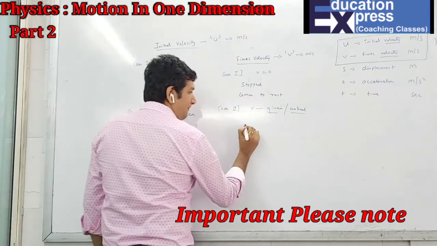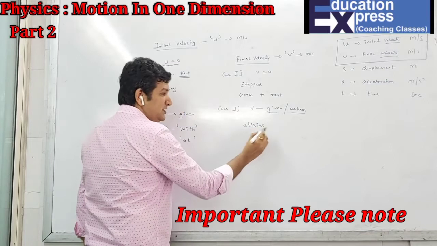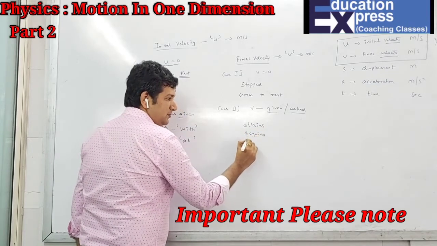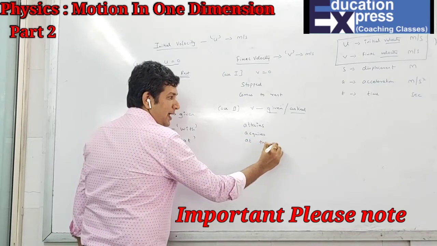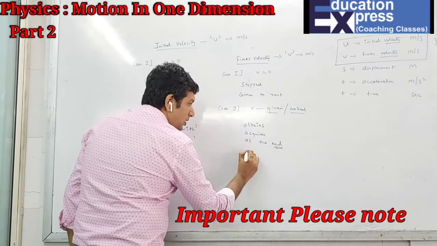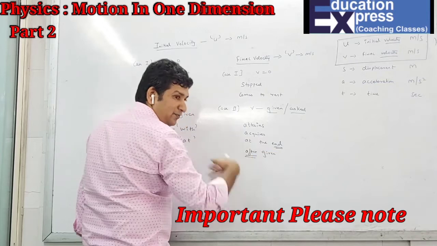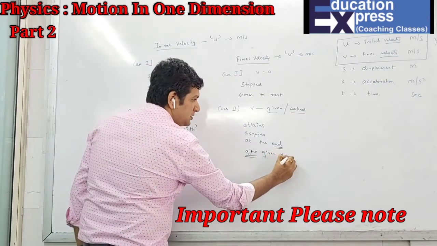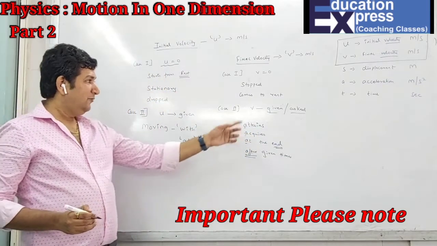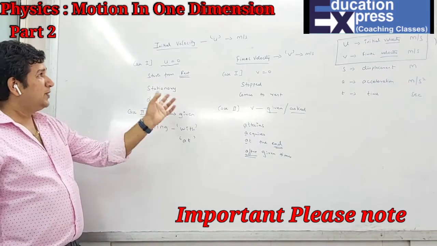The words will be: when the body attains, acquires, at the end, meaning final, after the given time. After means something afterwards. So all these words definitely tell you that the final velocity is given to you or you have to find the final velocity. So this is all with respect to initial and final.